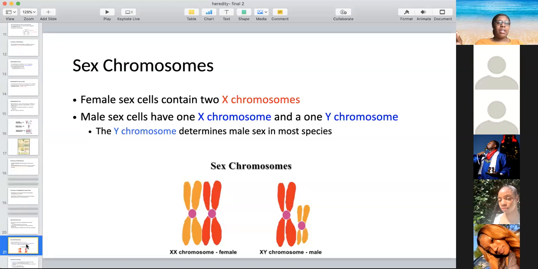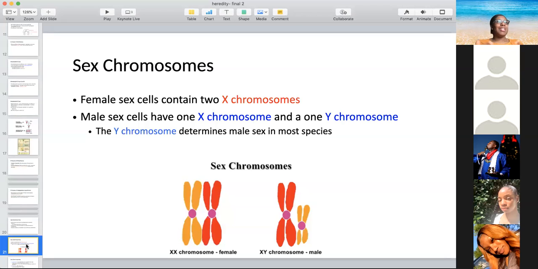The male sex has 1 X chromosome and 1 Y chromosome, so XY. If you see the XY at the end of the human karyotype, then if nothing else, you should be able to tell me that the individual is male. You should definitely know the setup for the sex chromosomes: XX is female, XY is male.